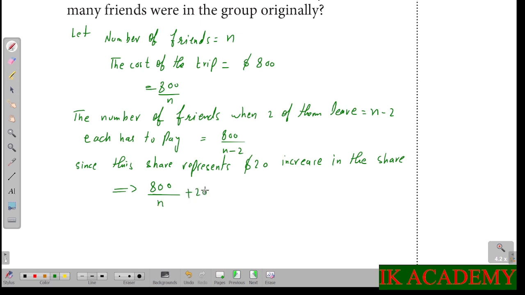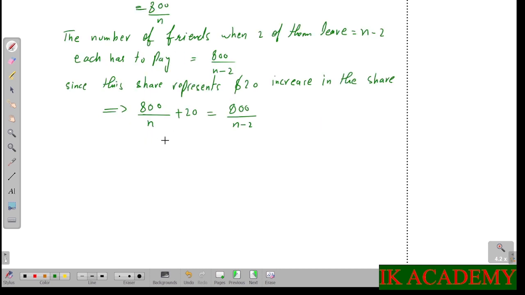It will be equal to 800 divided by n minus 2, when the two friends leave and are not going on the trip. So on the left side we can take the LCM, which is n. So 800 plus 20n over n is equal to 800 divided by n minus 2.